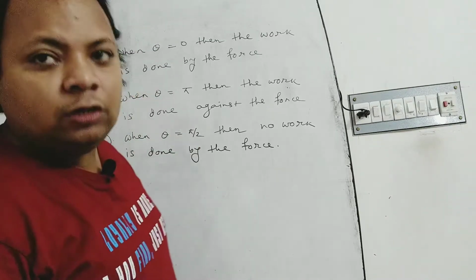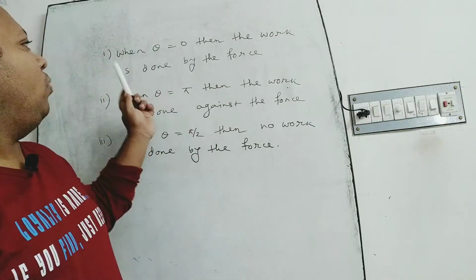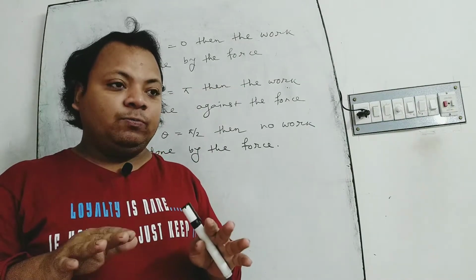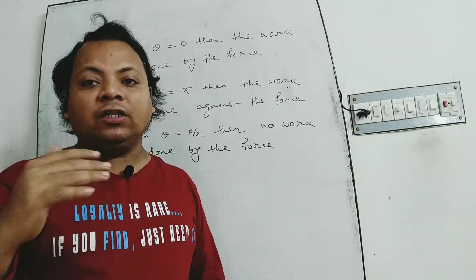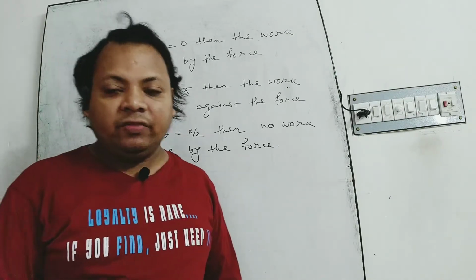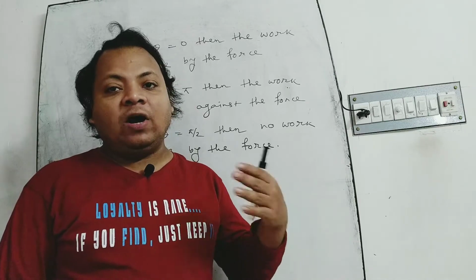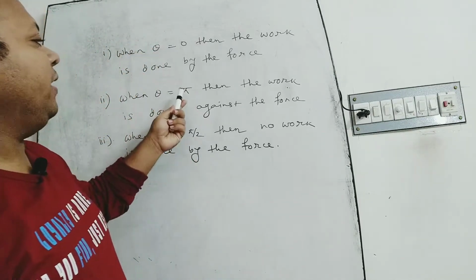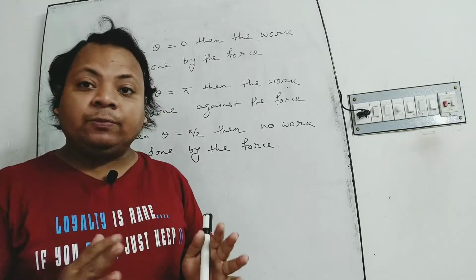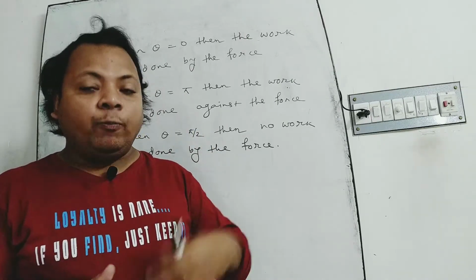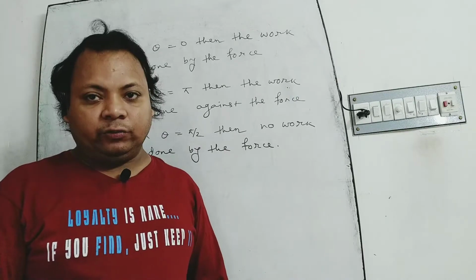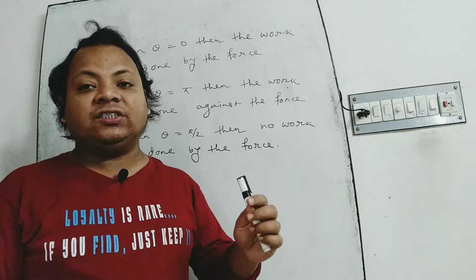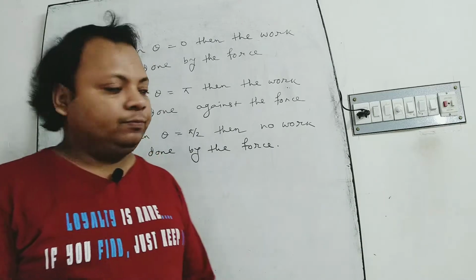When theta is equal to 0, then the work is done by the force. That is, when the displacement of the body is along the direction of the applied force, then the work done is positive. And when theta is pi, that is, the displacement of the body is opposite to the direction of the applied force, then the work done is negative, or work is done against the applied force.